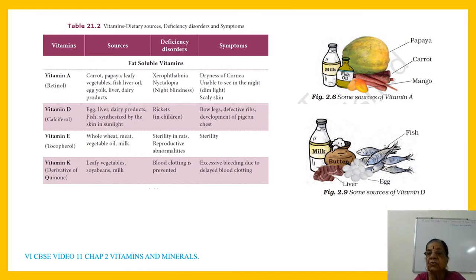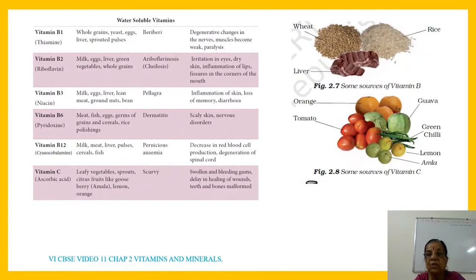Right? The next one is water soluble vitamin. Water soluble vitamins are vitamin B, B complex and vitamin C. Sources are normally liver, wheat and rice for vitamin B. Vitamin C, we say all citrus fruits, such as orange, lemon, green chili, amla, nellikai and tomato.